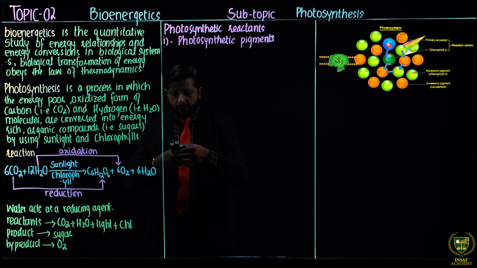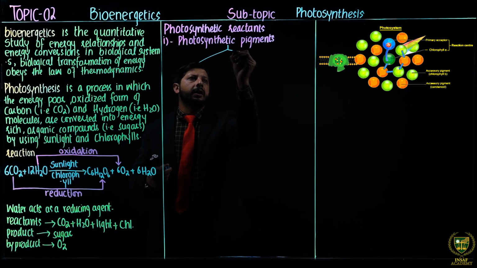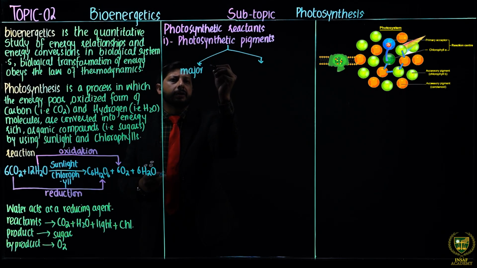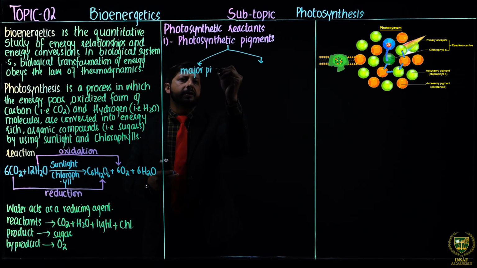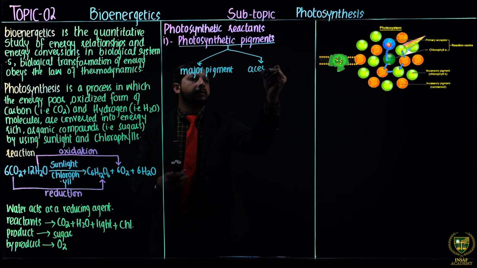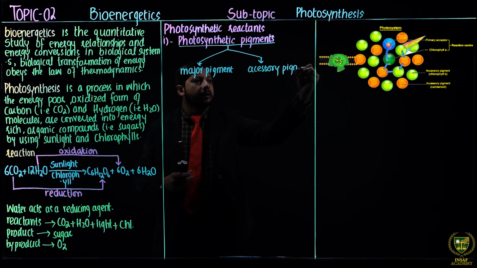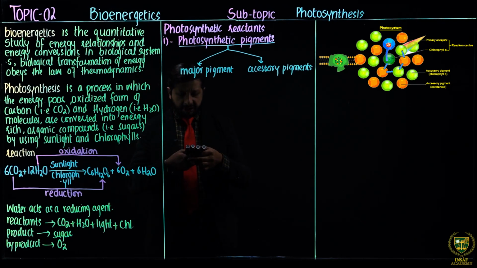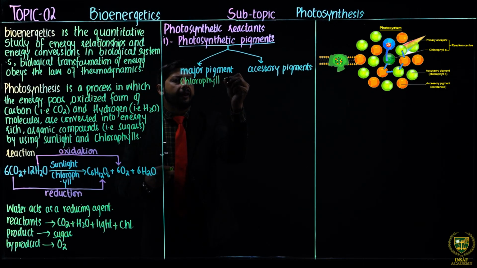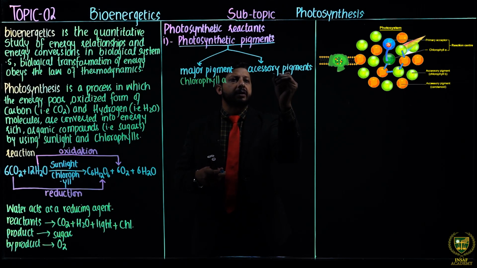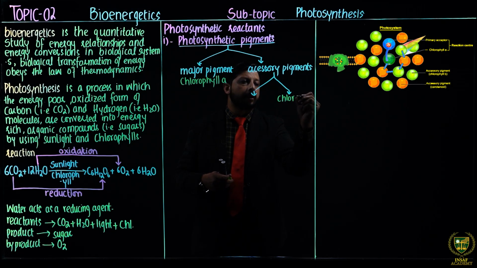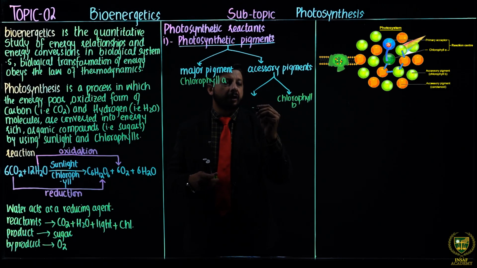So, talking about photosynthetic pigments, we divide them into two branches. There are two types of photosynthetic pigments: major pigment and accessory pigments. The major photosynthetic pigment is chlorophyll A, while the accessory photosynthetic pigments are further divided into two groups: chlorophyll B and the carotenoids.